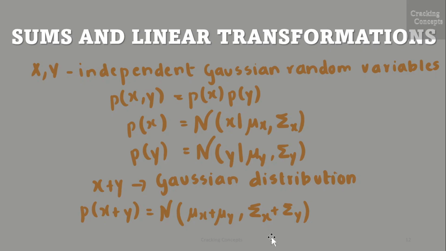Knowing that P of x plus y is Gaussian, then the mean and covariance matrices can be determined immediately using the results we saw before.